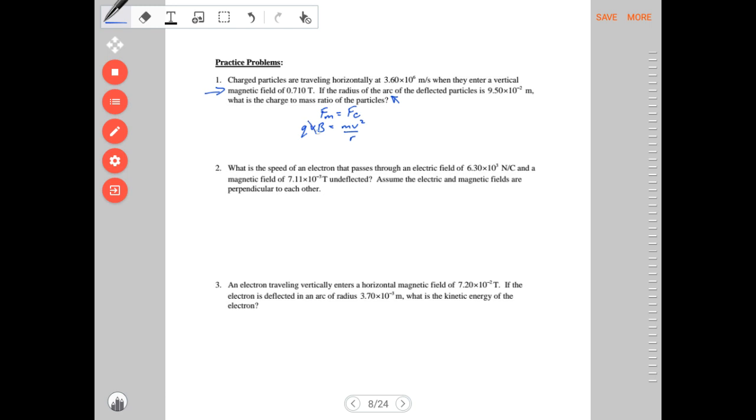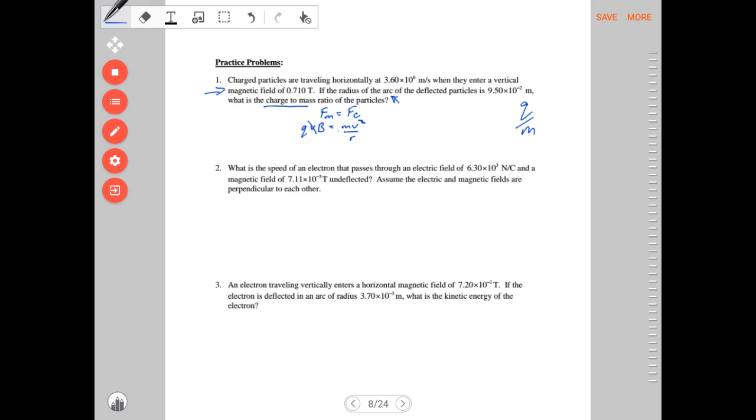Remember, we cancel off one of the velocities. Now, we want the charge to mass ratio of these particular particles. So charge to mass is charge, or Q, divided by m. So we have to rearrange the formulas to get Q divided by m.